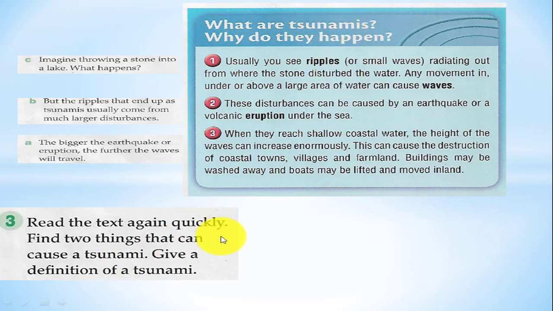So here you are going to read the text again and answer the title. Answer the questions here in bold. I'll give you 1 minute to read the text again and find the answer. Find 2 reasons for tsunamis and also try to summarize the definition of tsunami.